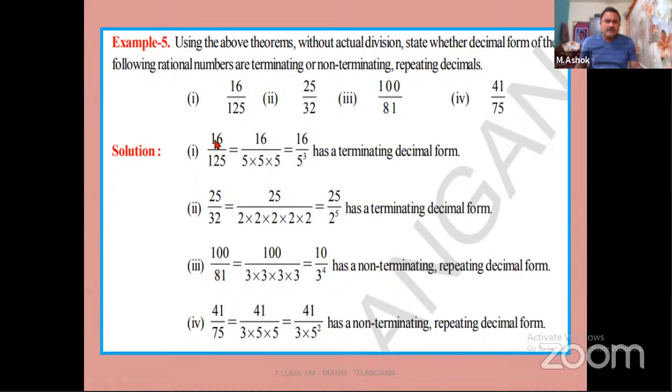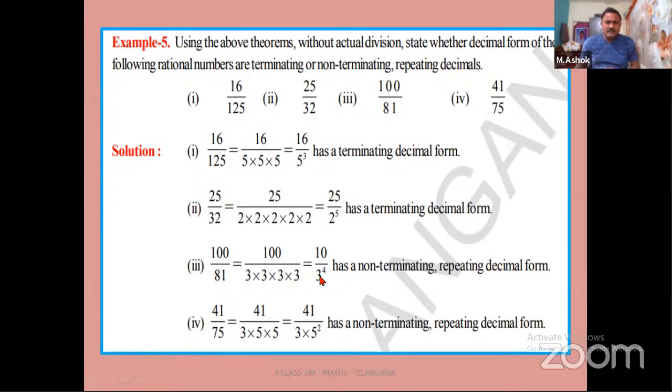So in the denominator of 16 by 125, the prime factorization contains 5 cube, which means it is in the form of 2 to the power of n into 5 to the power of m. If you put n equal to 0, we write 2 to the power of 0, so in the denominator only 5 cube is there. If 5 comes or 2 comes, they are terminating.